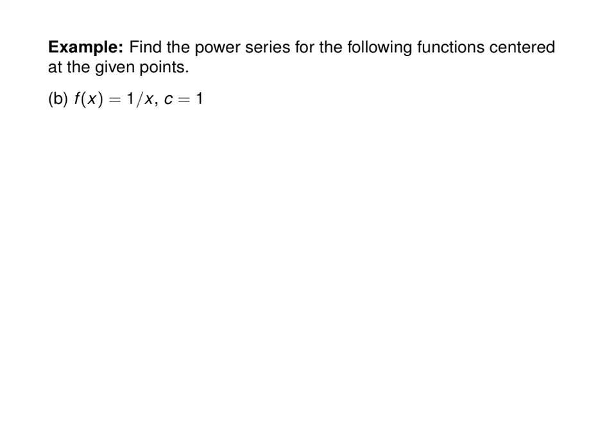Find the power series for f of x equals 1 over x centered at c equals 1. So here we have to take 1 over x, and it has to somehow contain x minus 1.